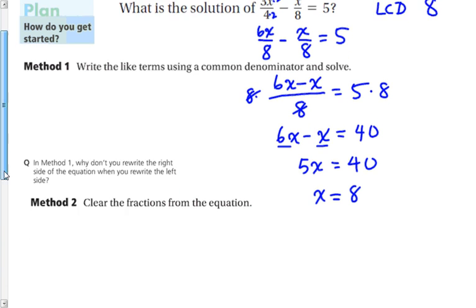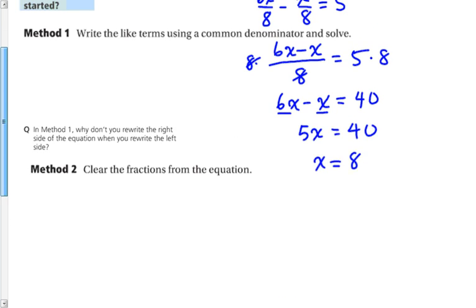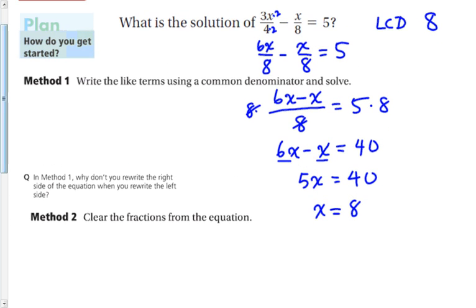Now another way we can do that problem is to eliminate the fractions. And what I mean by that is the multiplication property of equality allows us to multiply both sides of an equation by any number we want.